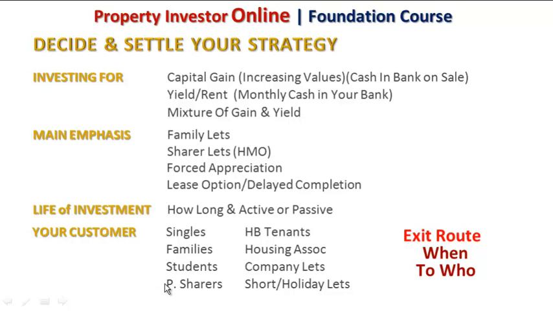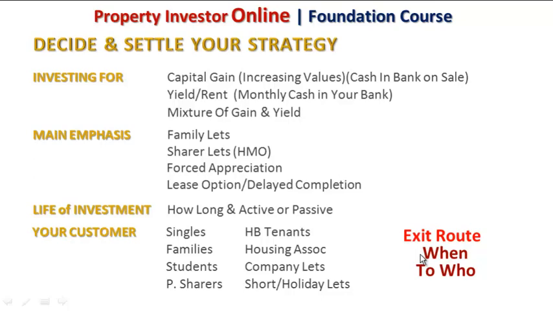And finally, we come to the exit route, and this is very, very important. Today you can go out, as I mentioned earlier, and buy a property today, and you can complete on the purchase inside a month, but try and sell it the next day and you could have a problem. So you need to decide within your strategy when you're going to sell. What's going to trigger off the sale, the decision to sell?